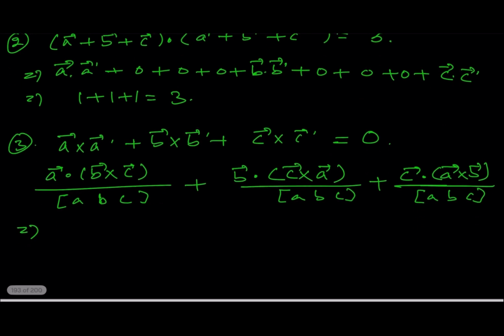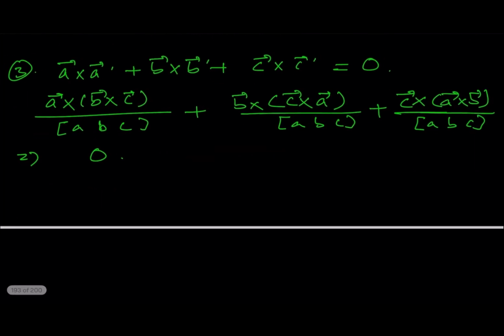And you know very well, A cross B cross C plus B cross C cross A plus C cross A cross B is 0. Sorry, this is cross, not dot, my mistake. So the answer is 0. We have seen this in the last class.